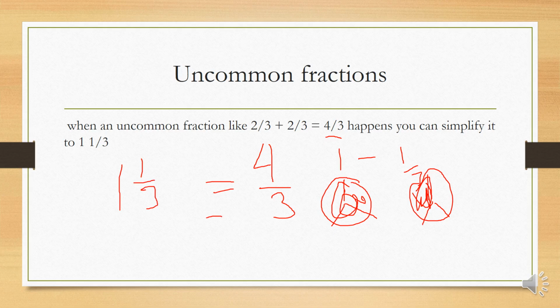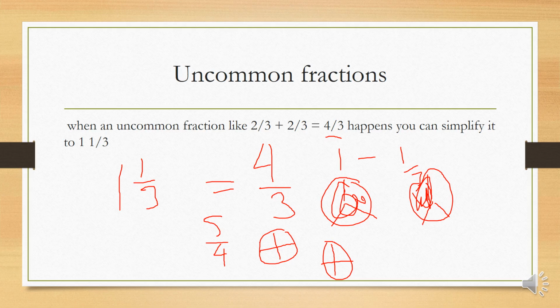Like the last question, 5 over 4. We'll make a good guess. Oh yeah, 2 pizzas. The reason I'm saying 2 pizzas is because it's only 1 extra. If it was 5 extra, then we'd do another pizza. Now, this is 4, this is 4.